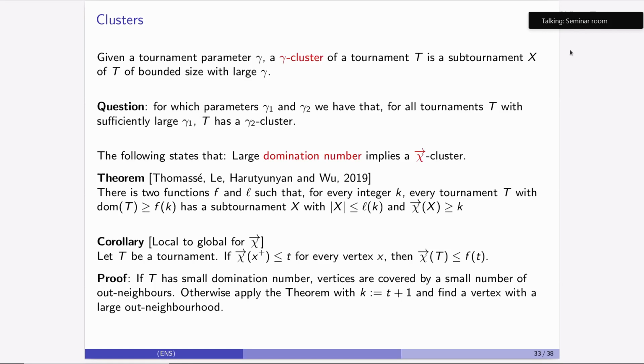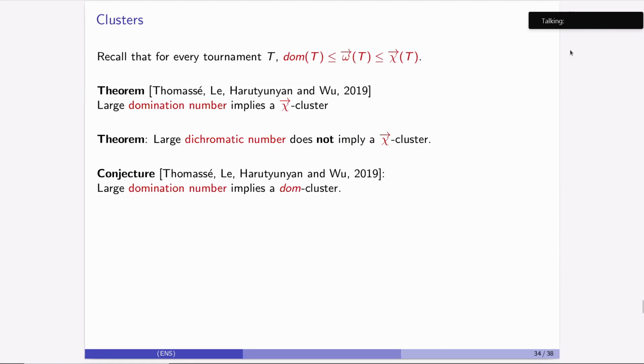Some other people also looked at what happens if you replace domination number and chi by other parameters. Remember that we have this chain of inequalities: domination number is at most omega, is at most chi. And we just said that large domination number implies a chi cluster.